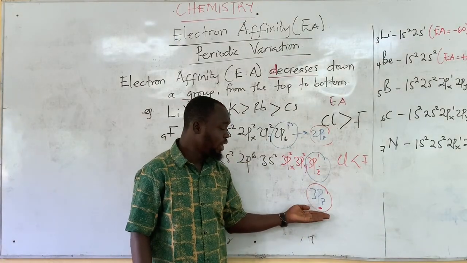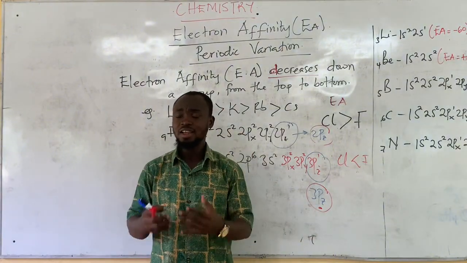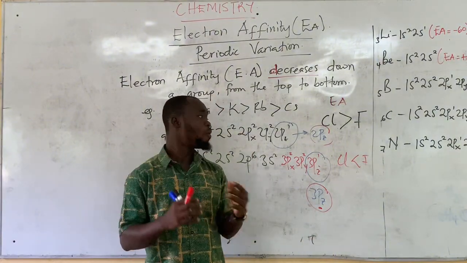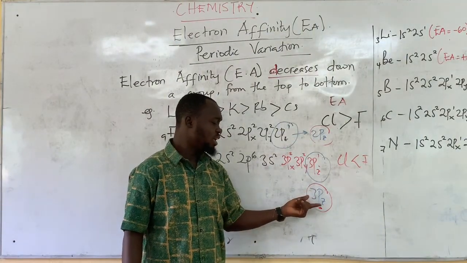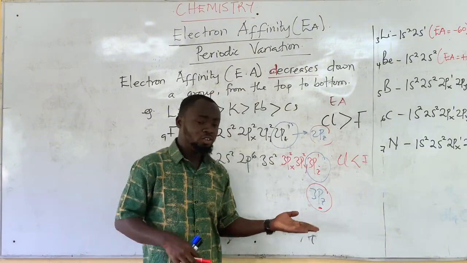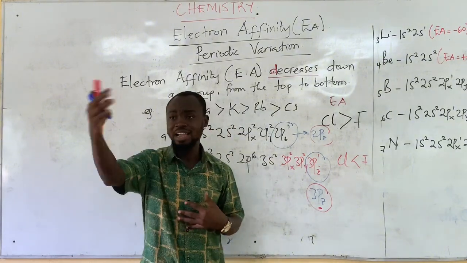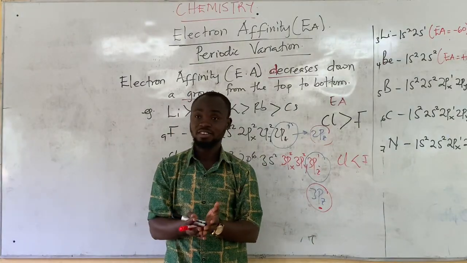Again, in chlorine, electron repulsion will take place, but due to its larger size, the repulsion will be reduced compared to the repulsion in the 2pz. So even though there is going to be electron repulsion, which is going to reduce the nuclear attraction, the nuclear attraction over here will be better than that in the 2p due to the orbital orientation.